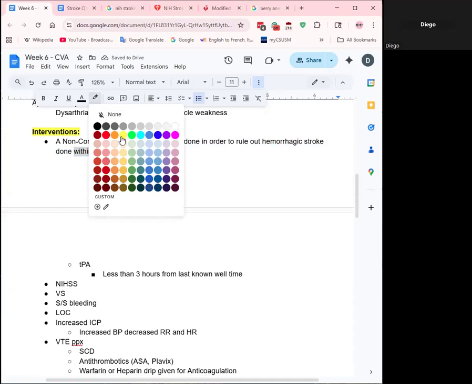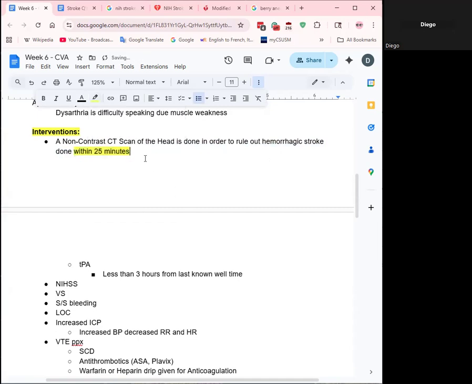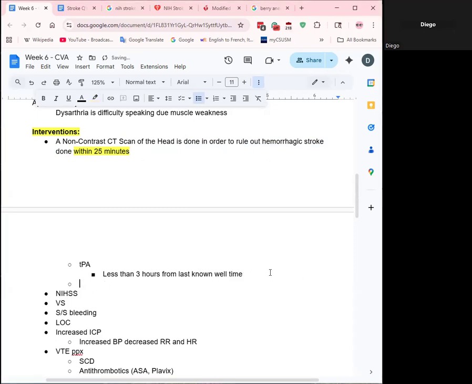And then they have the next 45 minutes to quickly interpret it and start interventions as needed, such as TPA. But TPA is only given if they've been cleared of hemorrhagic stroke, and only if it's been less than 3 hours from their last known well time, the last time that they were neurologically normal, and only for ischemic stroke.